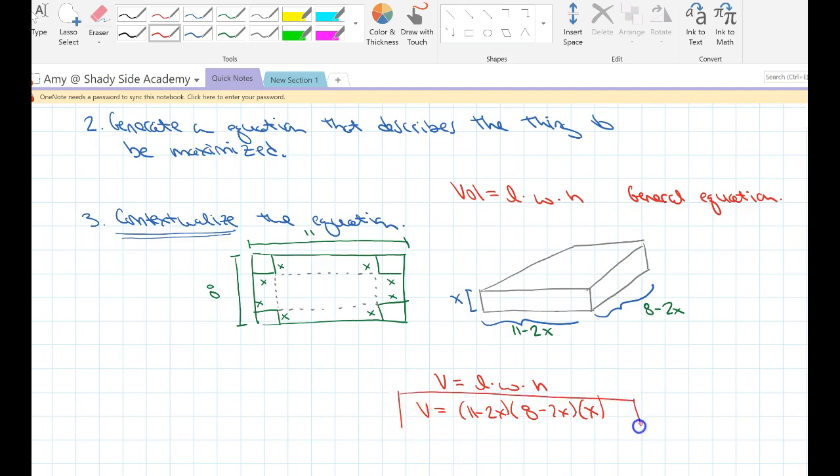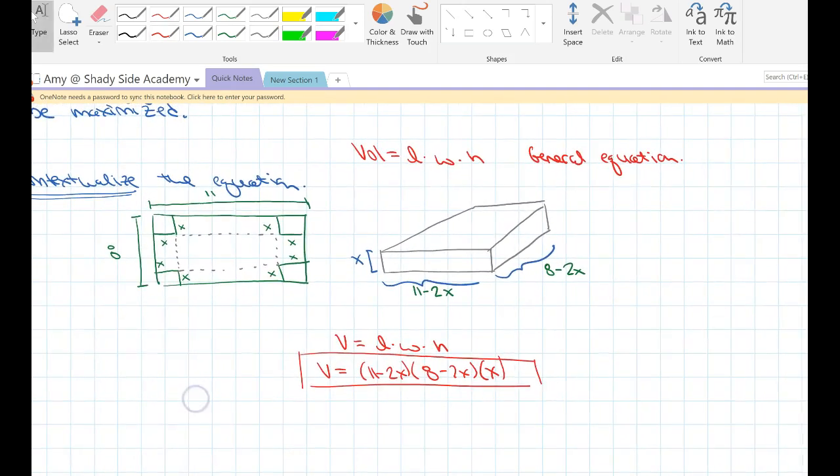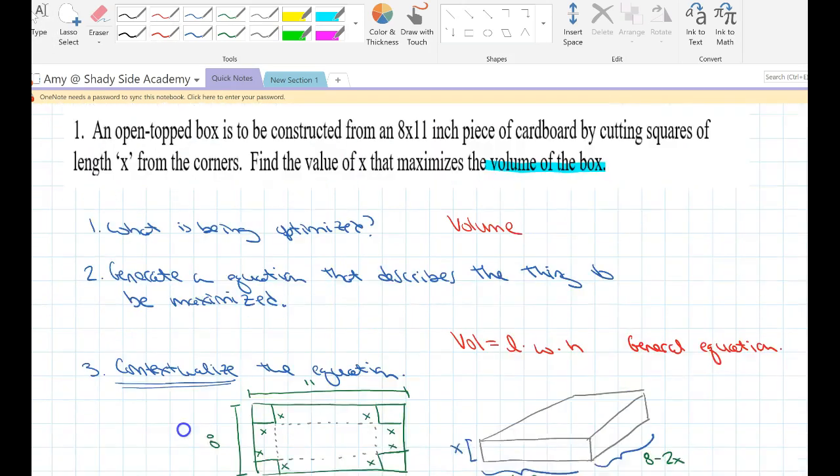Here is the volume of the box, and the volume here, which is the dependent variable, depends on the independent variable x. But what does x stand for? X stands for this cut length, right? Now I'm going to ask you here, we're going to find the value of x that, what does the question say?